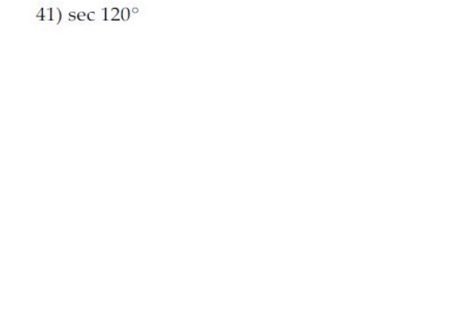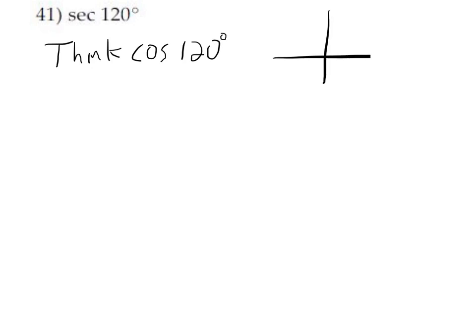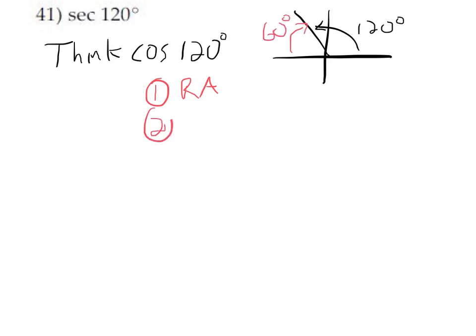Secant 120 degrees. Find this value without a calculator. So we want to think cosine. 120 degrees is right there. From that information, we have to get number 1, reference angle. That would be 60. Number 2, quadrant 2.